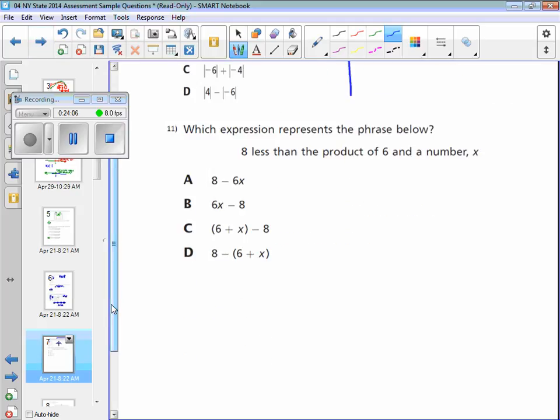Number 11, how many have A? Matthew's A. How many have B? How many have C? How many have D? Break it down into pieces. What is the product of 6 and a number that they're calling X? What is that? Guys? The product of 6 and a number.